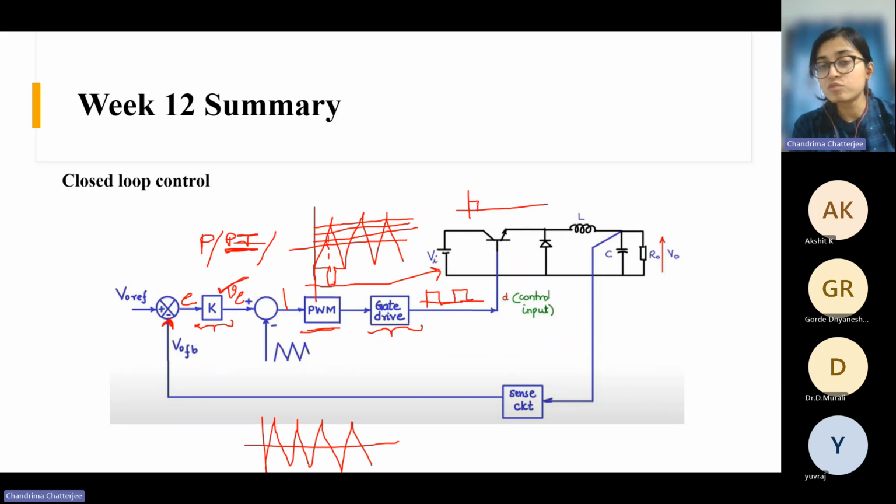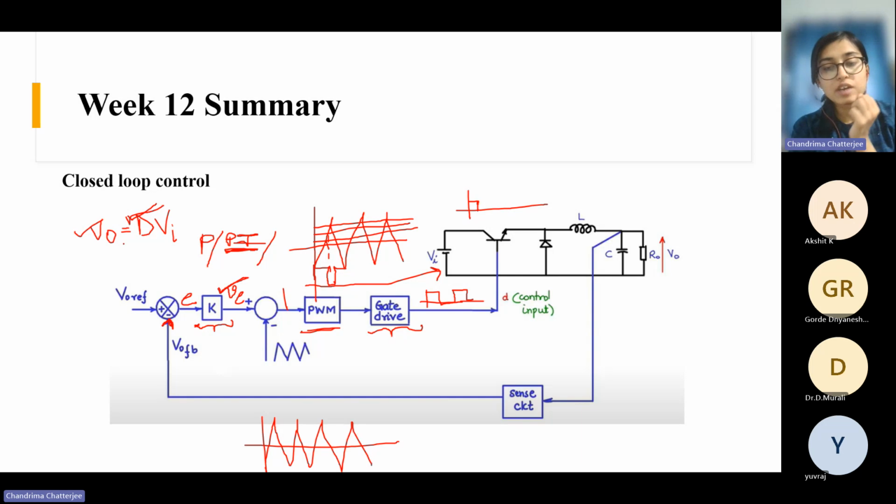If this is a buck converter, right, the relation is V out equals D V in. This is the steady state equation. So if your V out suppose increases due to some disturbance, and V in is constant, but your V out increases from its reference value, then the controller will take an action so that your duty reduces and your V out comes back to the reference value.